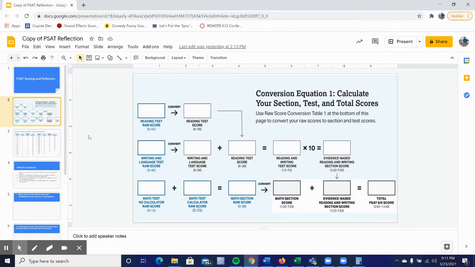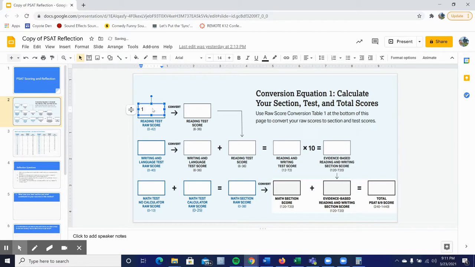Once you have the number of questions that you have answered correctly, you will input that data on slide number 2. Based off of what I have seen, an average score for our reading test is approximately 18 questions correct.